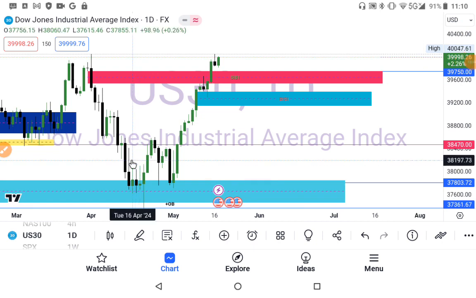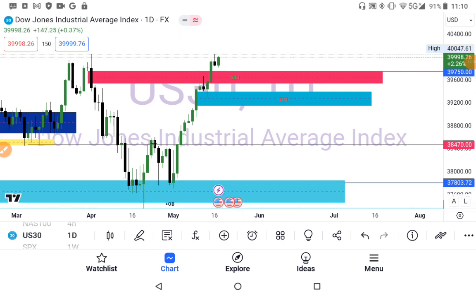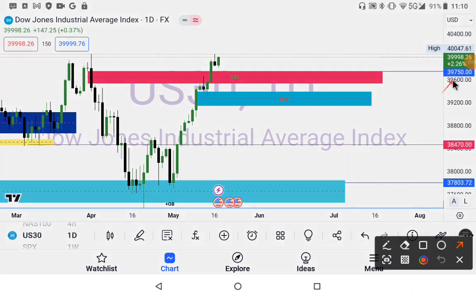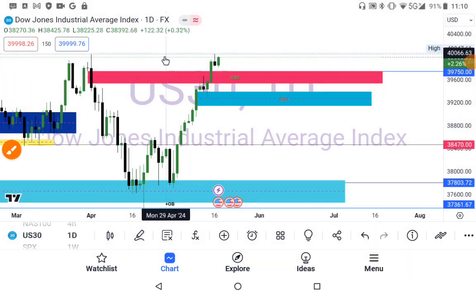On Dow futures, last week I was interested in 39,600 up to 39,750. 39,750 has been taken, and 40,000 has been delivered as well. 40,000 should be my next target, and 40,000 has been traded too.